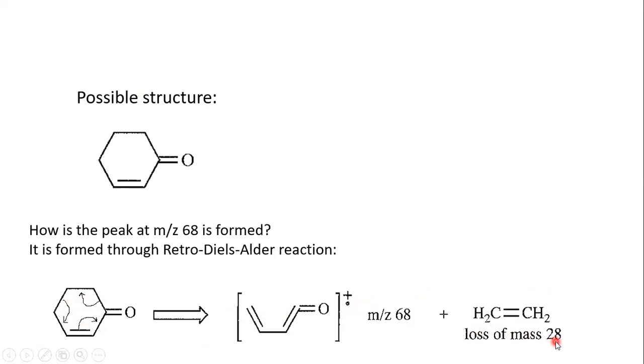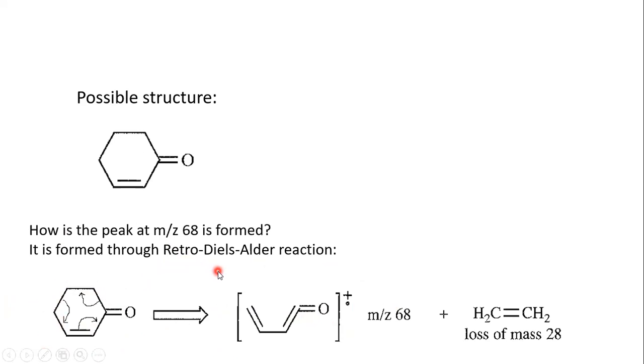So when 28 goes out from 96, we get 68, and 68 is a very intense peak representing a very stable radical cation. This is formed because of this cleavage, and this cleavage is known as the retro-Diels-Alder reaction.